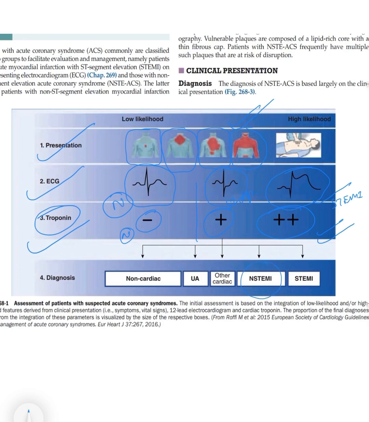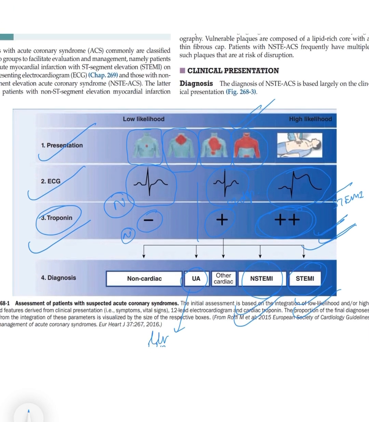In NSTEMI, you have ST depression and the cardiac biomarkers are mildly elevated, and that makes the diagnosis of NSTEMI. If there is ST elevation plus a severe elevation of the cardiac biomarkers, I can make a diagnosis of STEMI. There are other conditions also, such as UA, that is unstable angina.